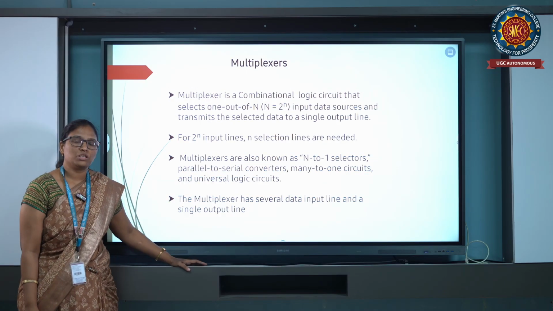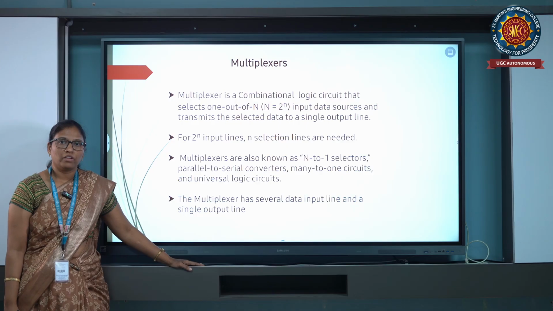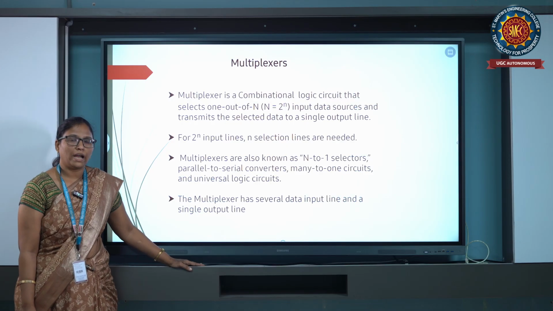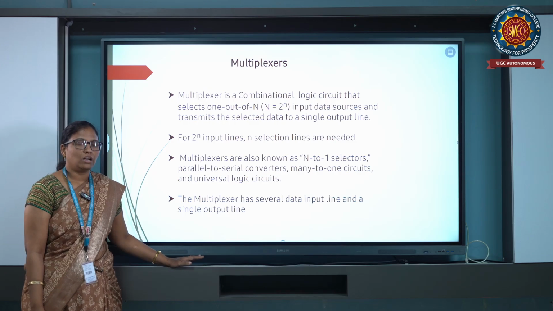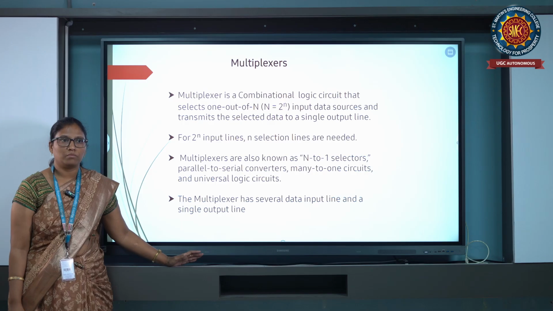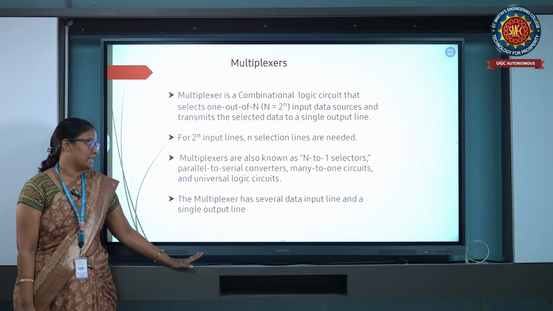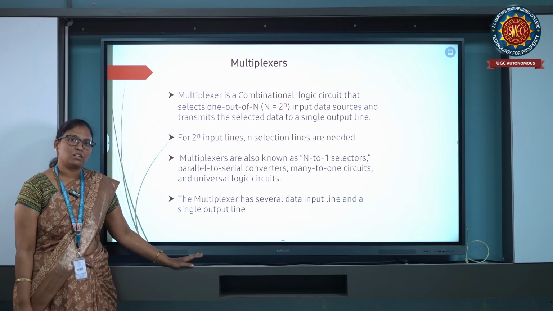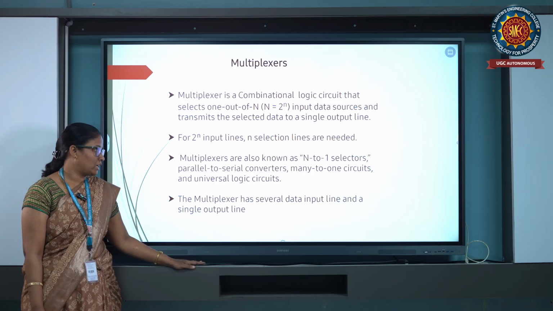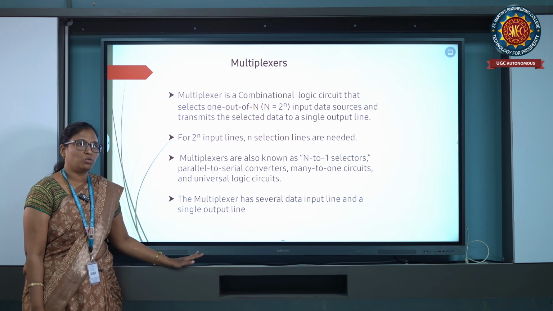Multiplexers are combinational circuits where we have only one output and 2 power n input lines. The desired output is given at the output terminal based upon the selection lines. These multiplexers are also called data selectors, parallel to serial converters, and many to one circuits.